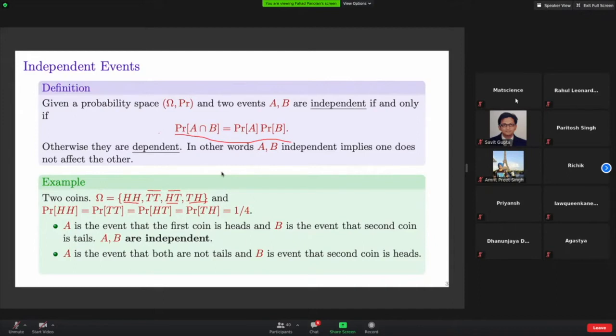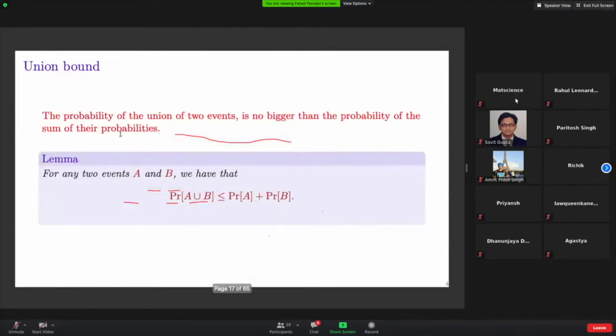So A depends on the first coin and B depends on the second coin, and they are independent. That way also you can infer in many examples. But otherwise, you need to do this calculation. Okay, let's move on.